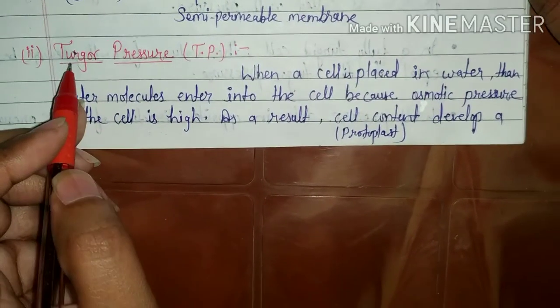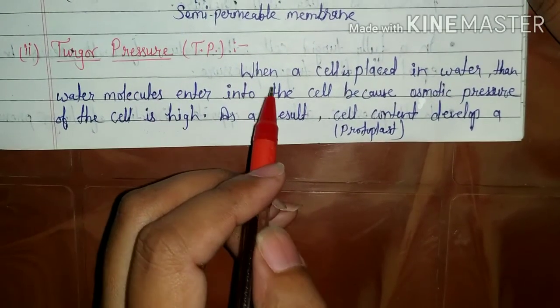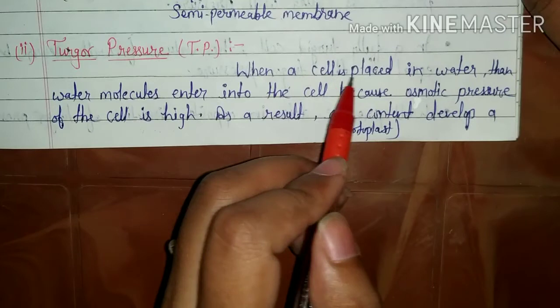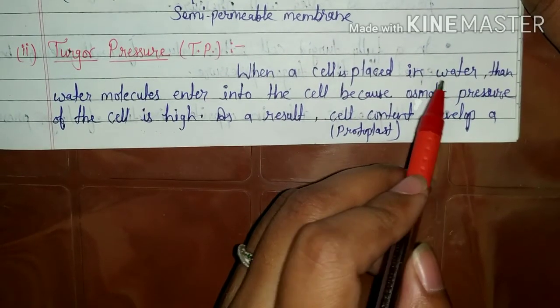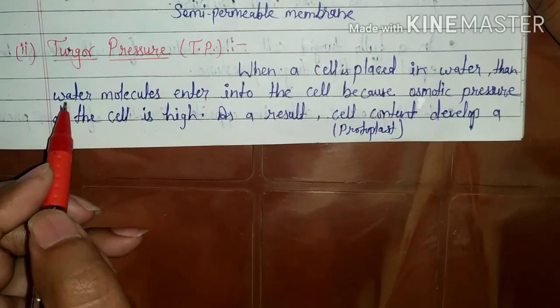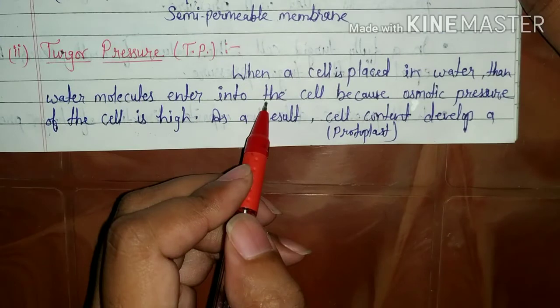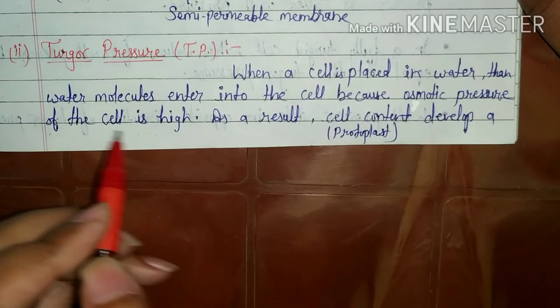Next, the second pressure is turgor pressure, TP. When a cell is placed in water or a hypotonic solution, then water molecules enter into the cell because the osmotic pressure of the cell is high, due to endoosmosis.